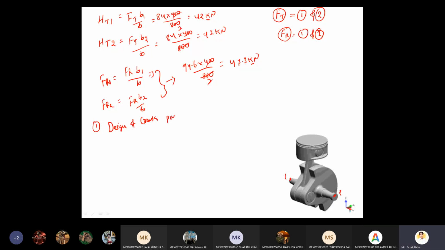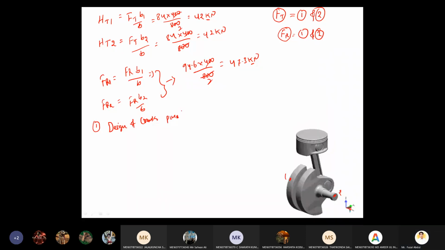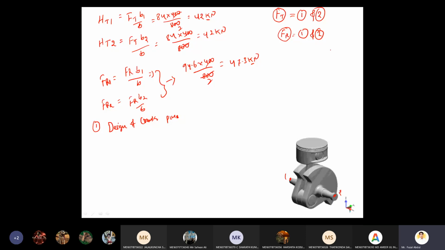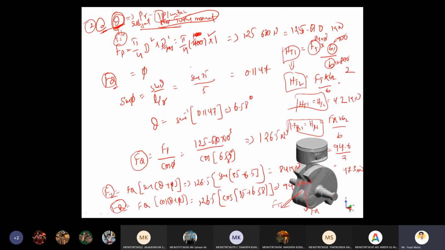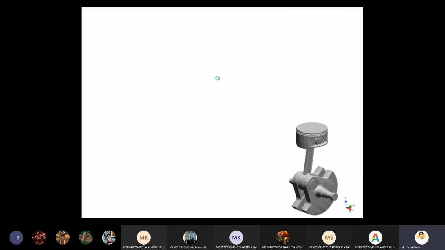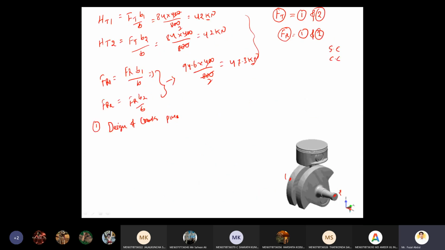Listen, especially in this crankshaft, the starting parameters I am calculating, HT1, HT2, H1, H2, V1, V2, are all common. In this syllabus we are discussing the side crankshaft and the center crankshaft. Whatever parameters I calculate at the beginning of the design procedure are common for these two types of crankshaft.